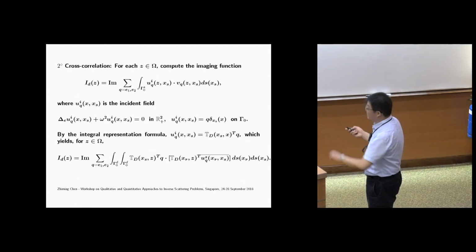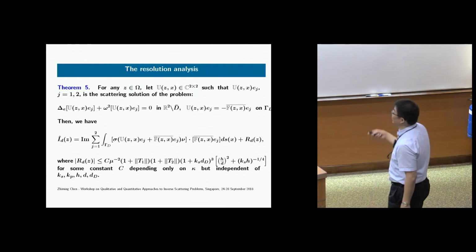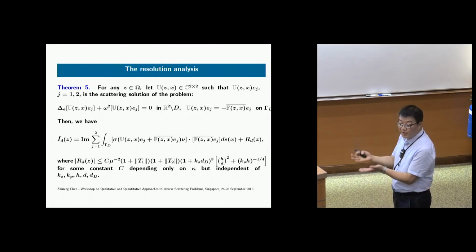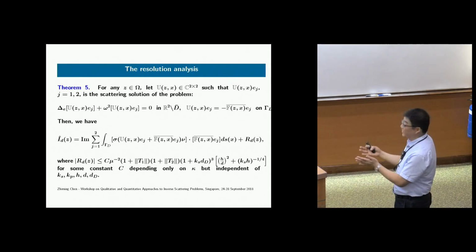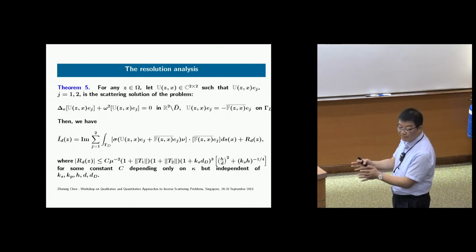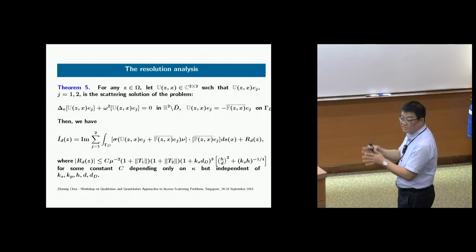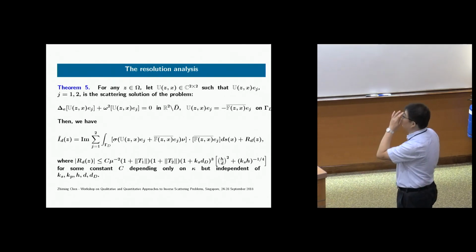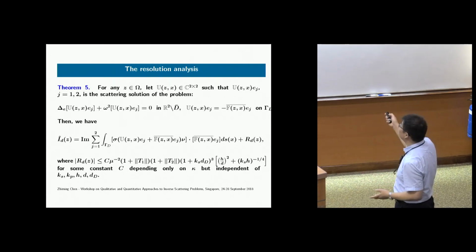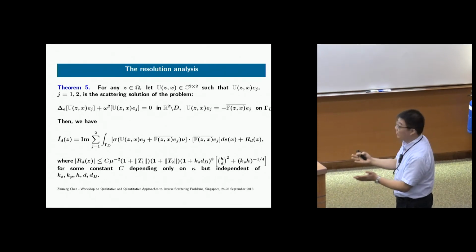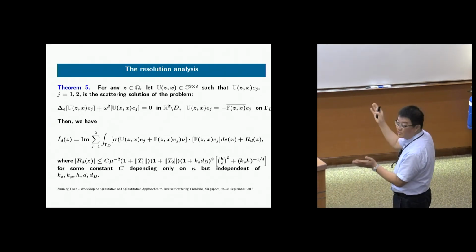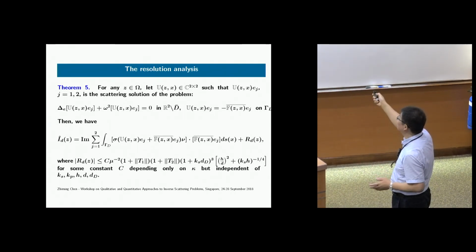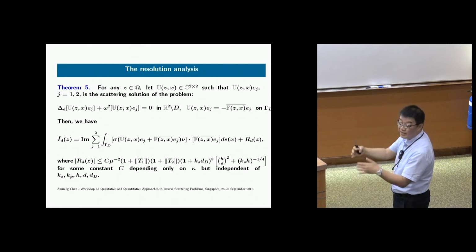Now I will go to the theorem. We have already proved the properties of the PSF, so the theorem shares the same view, the same framework. You have this PSF as the incoming wave. This is not that obvious. I will show you later on what this F is, and why it satisfies the elastic wave equation.